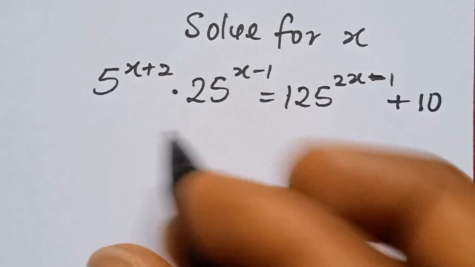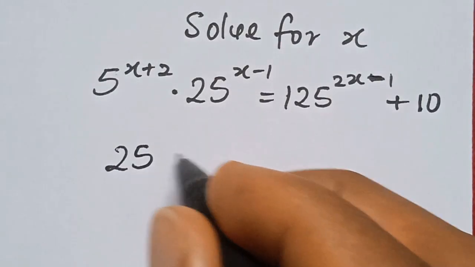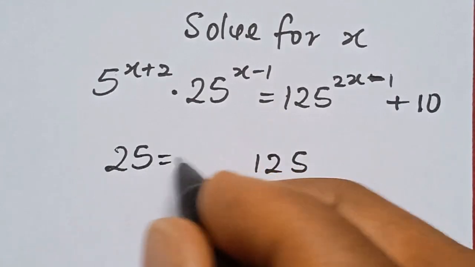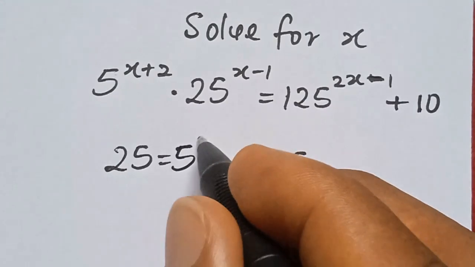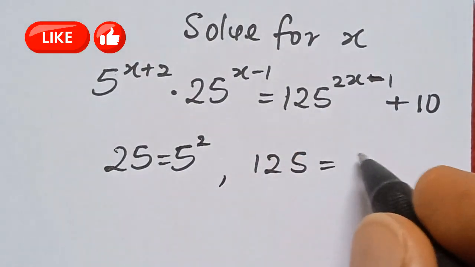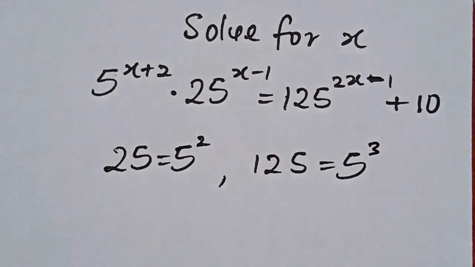So to do that, we have 25 and 125. So this 25 can be simplified as 5 raised to power 2, while the 125 can also be simplified as 5 raised to power 3.